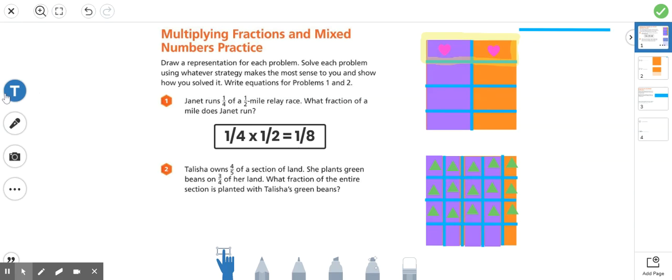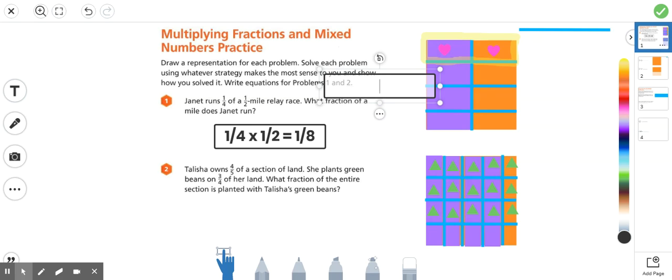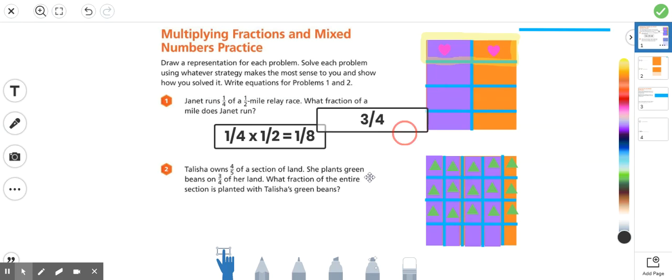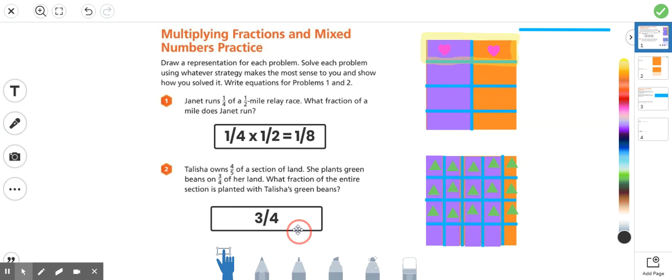Okay, so when I look at this, I see that on 3/4 of her land, oh, sorry, she plants 3/4 of her land with green beans. So 3/4 of her land, what's her land? 4/5.